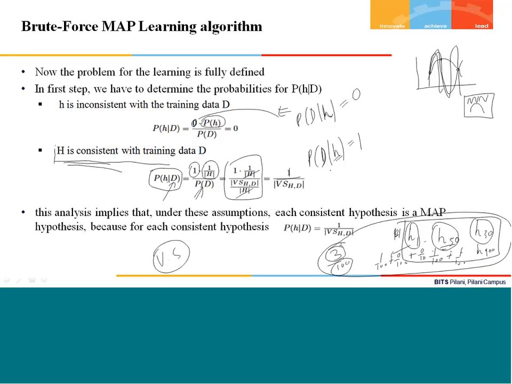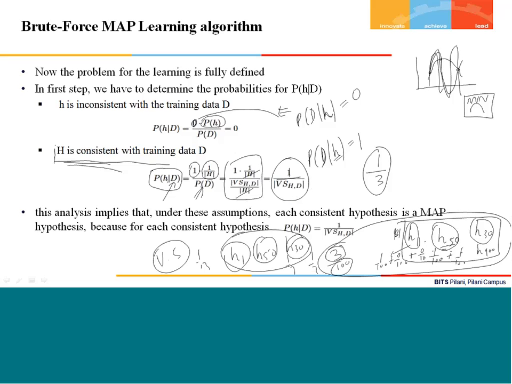So the probability that this one produced the data is 1 by 3, the probability for this one is 1 by 3, and for this one 1 by 3. That's why it is 1 by version space. Version space means all those hypotheses that are consistent with the data.